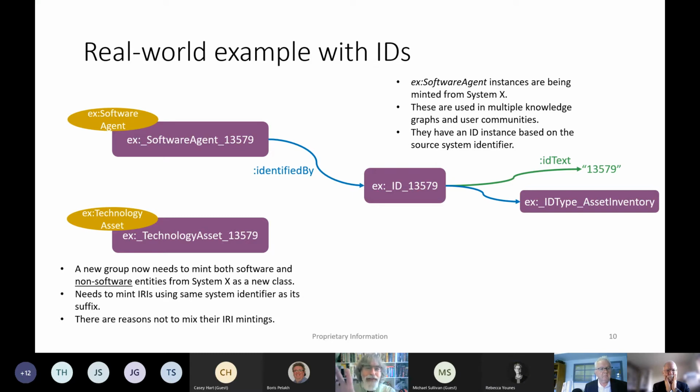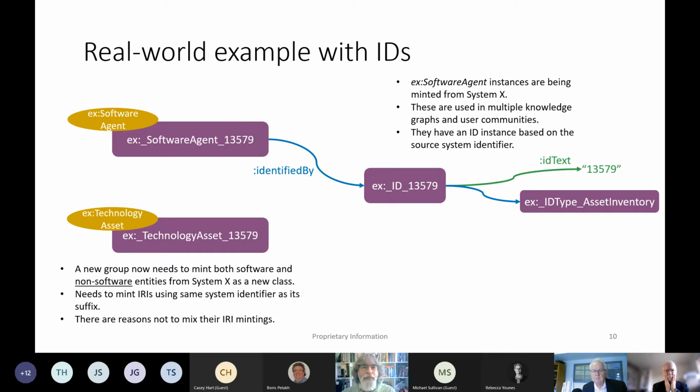If I were to paste in a little thing from Protege, the class hierarchy would be that we have things that are ownables, and then assets, and then technology assets, and then software agents. So subclassing down that way. So there are reasons why we need these separate IRI mintings, which I'm not going to go into here, but there was the question of what do we do?